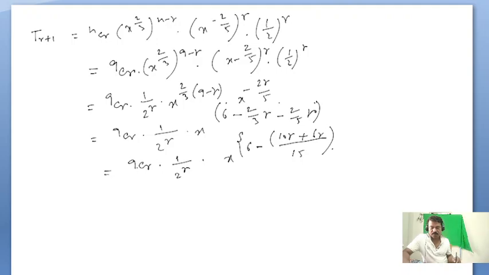Okay, that is equal to 9Cr (1 by 2) to the power r into x to the power 6 minus 16r divided by 15 here.